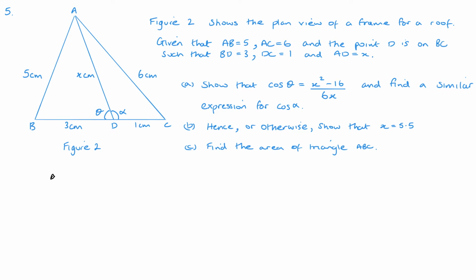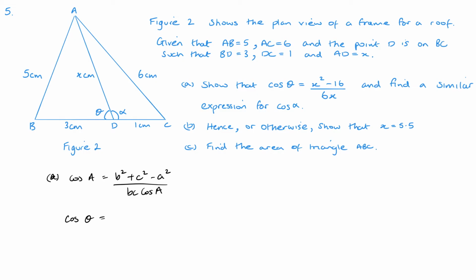So for part A, your cosine rule is, let's see. Let me first write this in terms of A, B, and C, because it's a little bit easier to remember. So this is B squared plus C squared minus A squared over B, C, cos A. Okay, so that's what we're looking at, the rearranged formula here. So cos theta, now A is going to be opposite it, the 5.